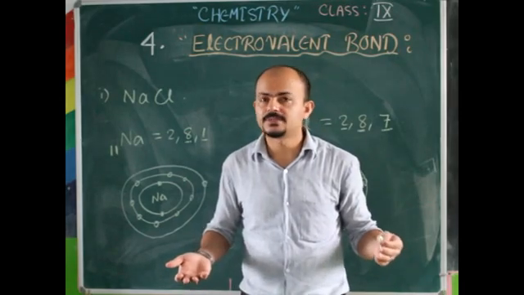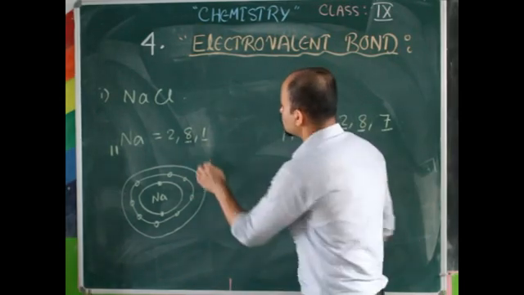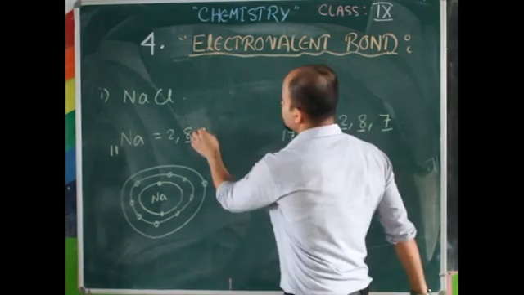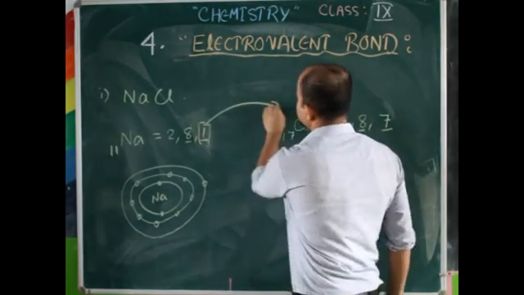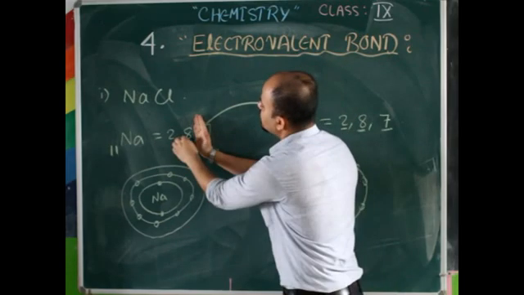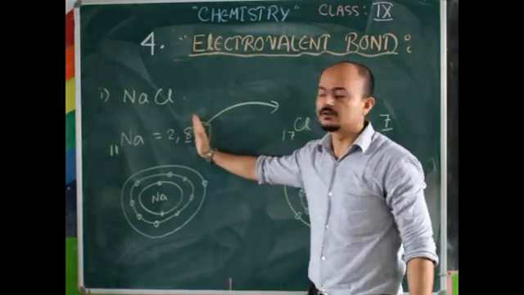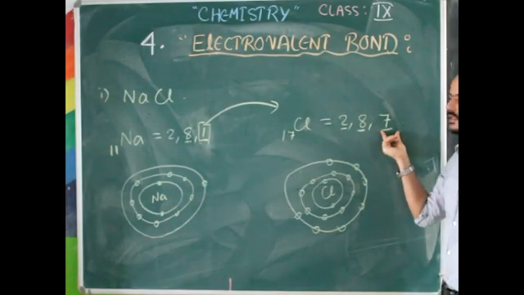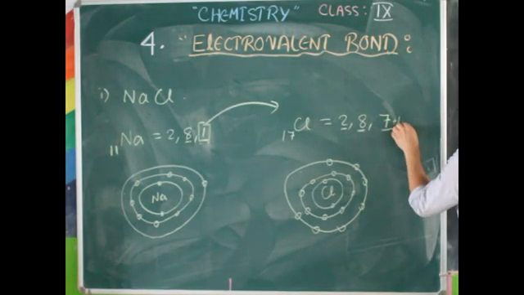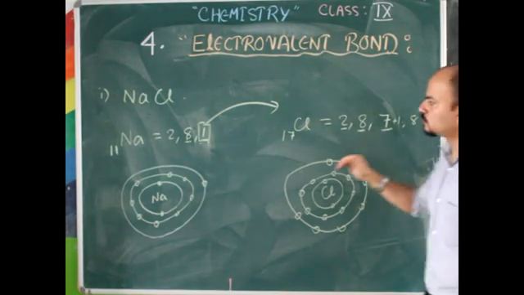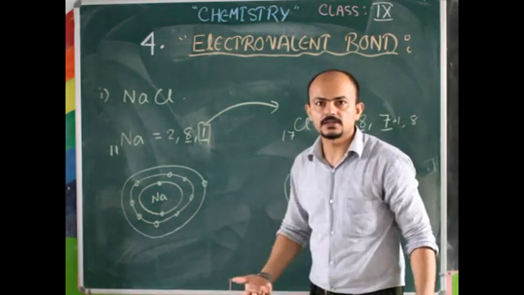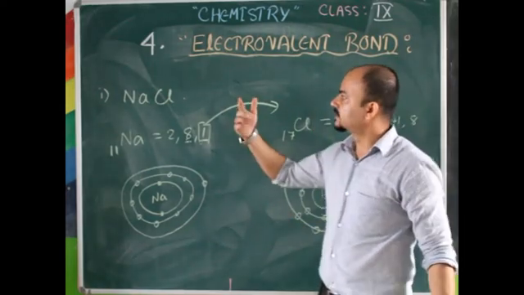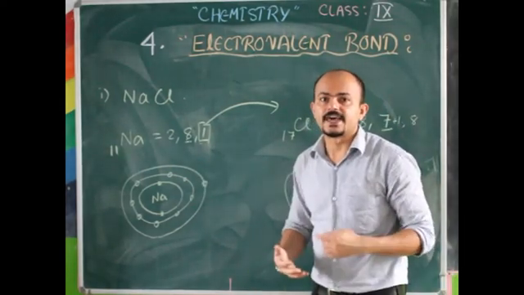If this 1 electron is lost from sodium, that means it has given it to chlorine, then it will have 8 electrons in the valence cell. Yes or no? Similarly, if chlorine gains 1 electron, 7 plus 1 would also be 8. Then this would also be stable, and this would also be stable. So this is the reason why these elements react.